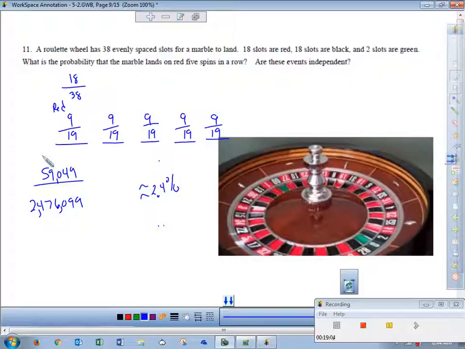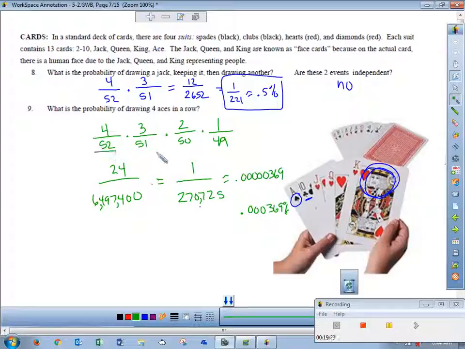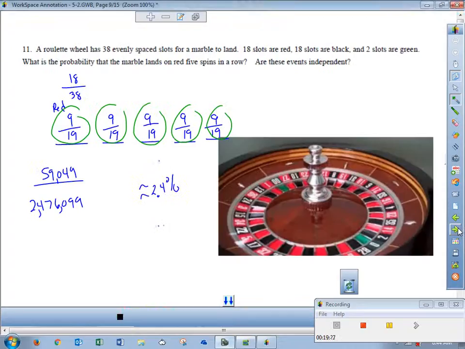So that's our cool little question: are these independent? Well, you could tell that it is independent because the probability didn't change any time. It's like there's nothing that depended on the other one. If you go back to the ones that are not independent, your denominator changes all the time because you didn't replace it. So the answer is, are they independent? Yes.